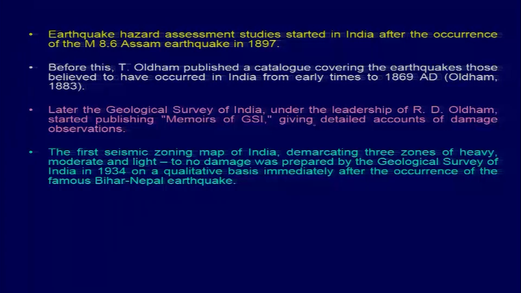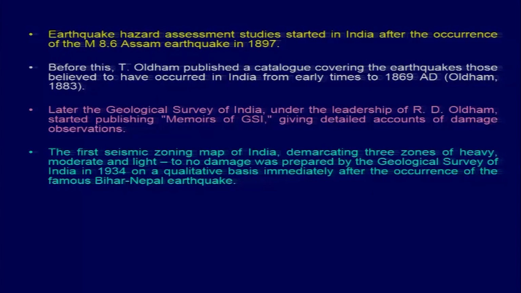Earlier, because of the lack of instrumentation, the records of past earthquakes were mainly studied using the damage pattern, and based on this you can generate the isoseismal map. We still do that, but now in most areas we have well placed seismographs, so we can use that data.